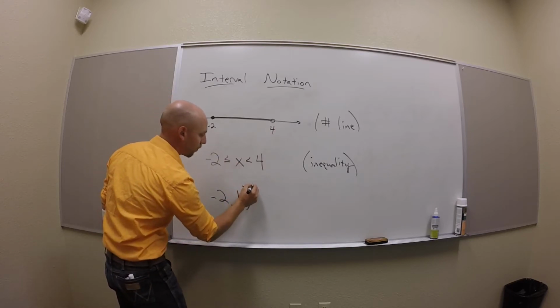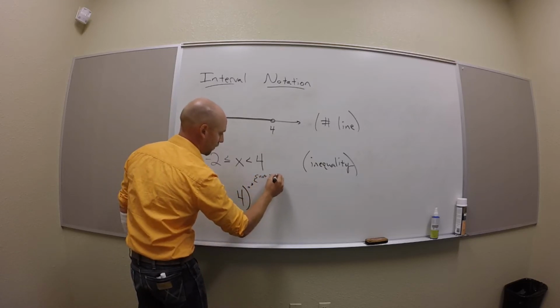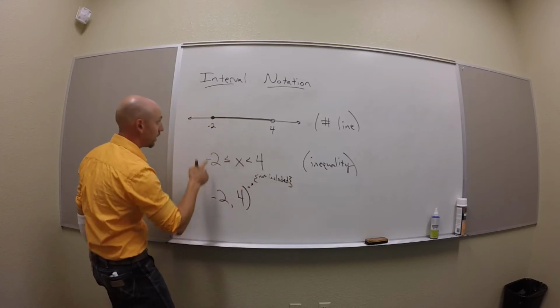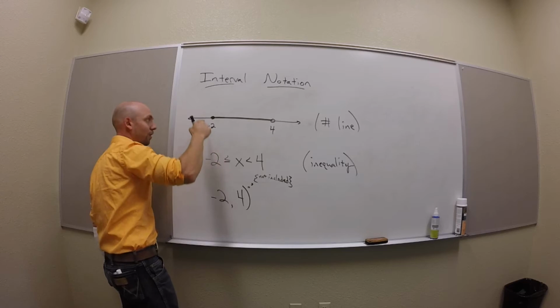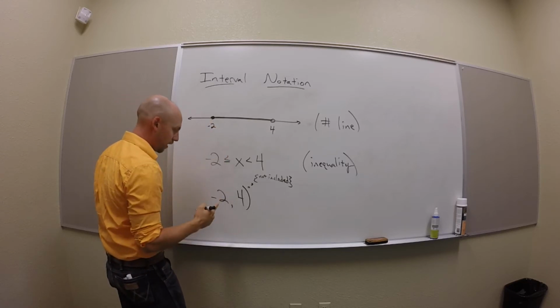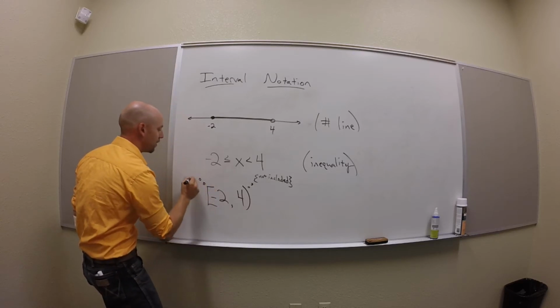So when you see this open parenthesis, think not included. And then -2, that one is awesome, right? The closed dot here, the equal sign under the less or equal, and this closed bracket here, that means including.